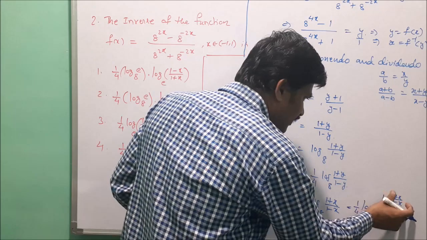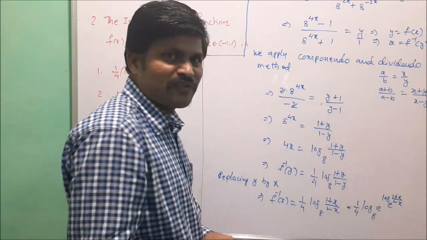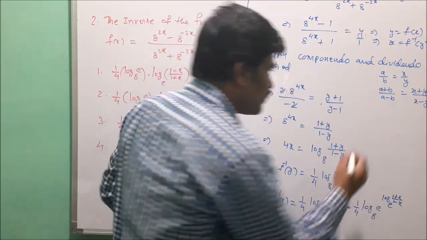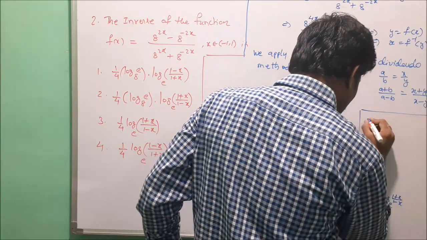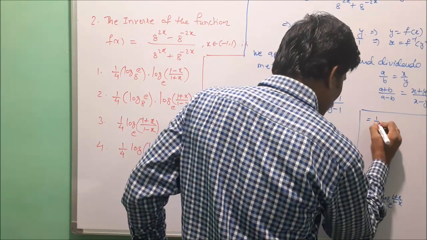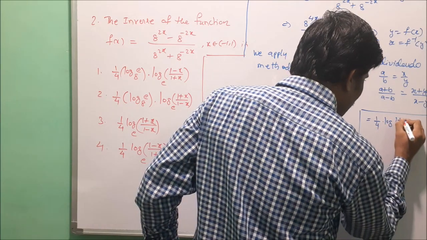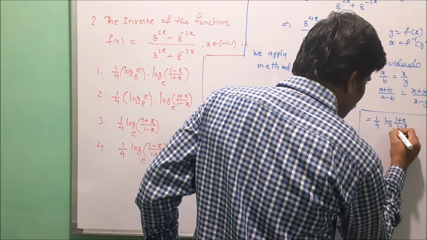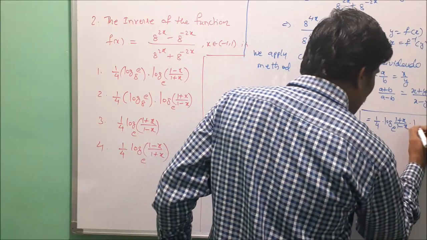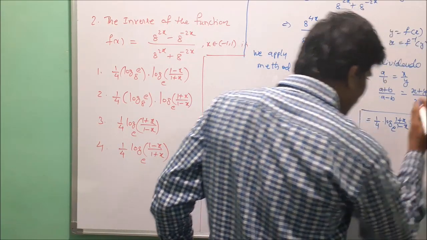Now this is taken to the left side in the base form. Now that equals 1 by 4 log (1 plus x by 1 minus x) base e into log e base 8.